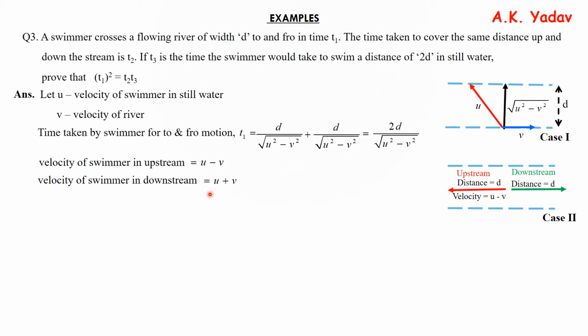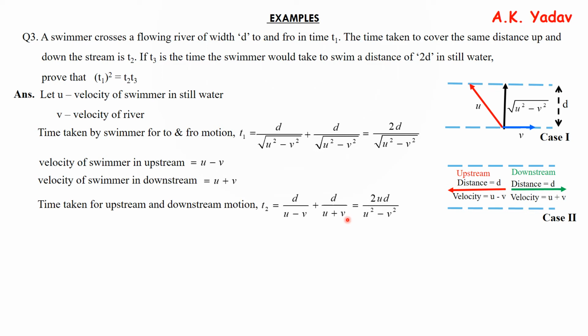So in downstream, the distance is d and the velocity is u plus v. So the time taken for upstream and downstream motion, T2, is equal to d upon u minus v for upstream, plus d upon u plus v for downstream. So we get T2 equals 2ud upon u square minus v square.